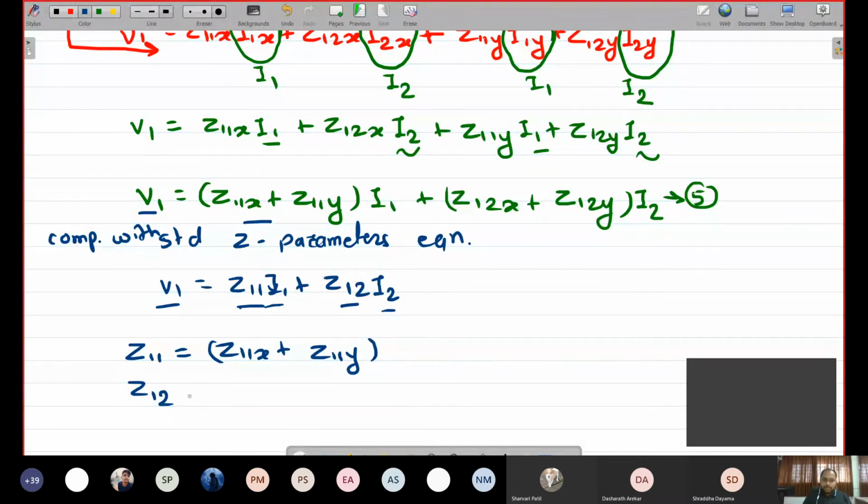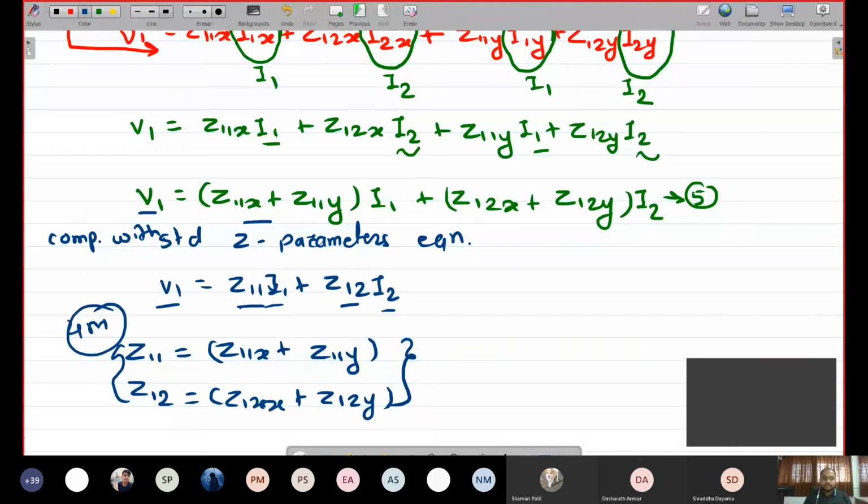So Z12 is nothing but Z12X plus Z12Y. Am I right? If you derive these, you will get 4 marks if the question is for 8 marks. So this is the only derivation. This is the theoretical part actually. Is that fine? Great.